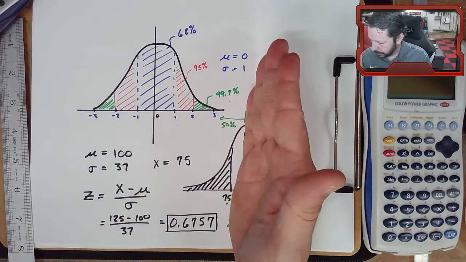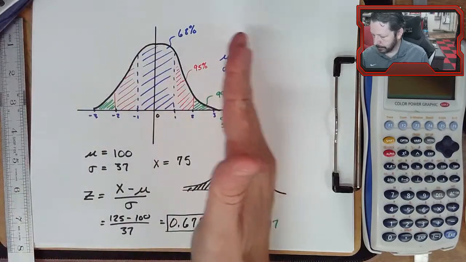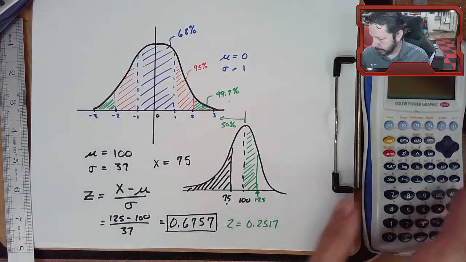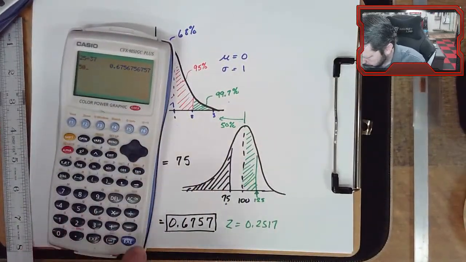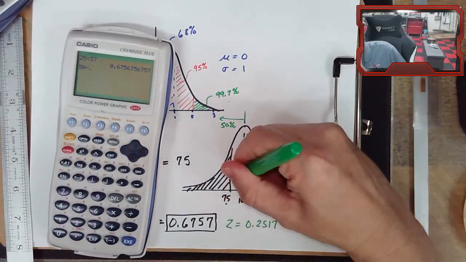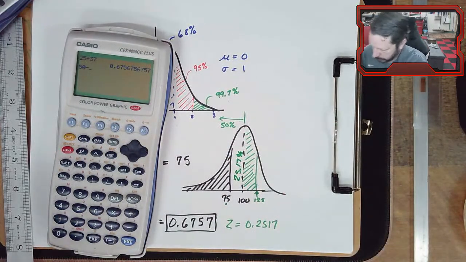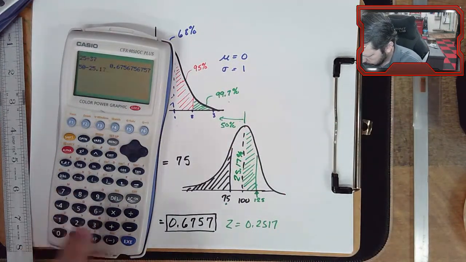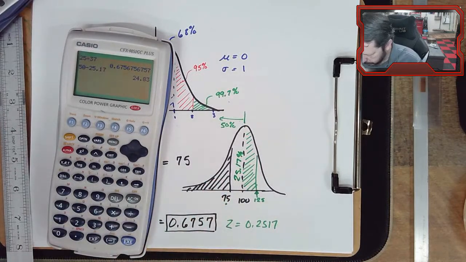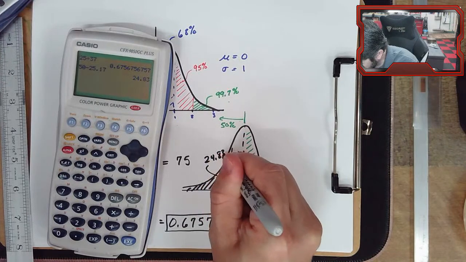So if I know that half, from the mean over, is 50% of the area under the curve, I can do 50 minus this part. This part is 25.17%. And that will leave this one to be 24.83%.